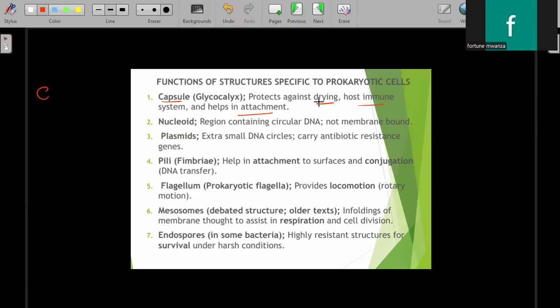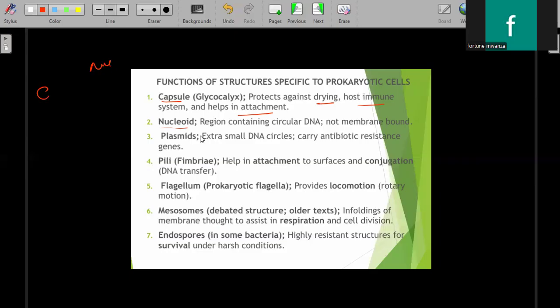Then, like we've mentioned, you have the nucleoid, which will contain genetic material in the form of DNA. This one does not have a membrane, unlike the nucleus, which is membrane bound.